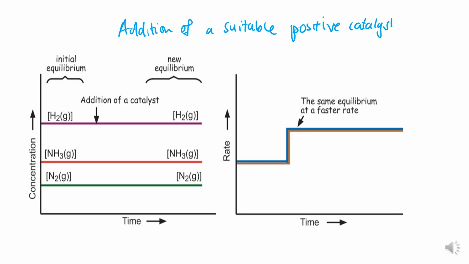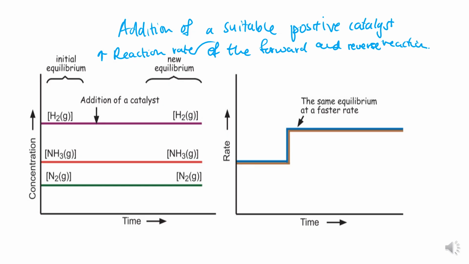It does not favor any of the reactions, but it increases the reaction rates of both the forward and the reverse reactions. What does that mean? That means that if I introduce a catalyst before equilibrium is reached, the reaction rate of both reactions is going to increase, so equilibrium should be reached faster than before.